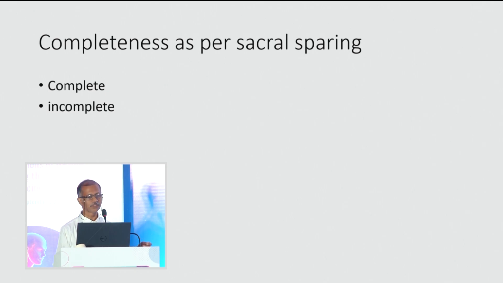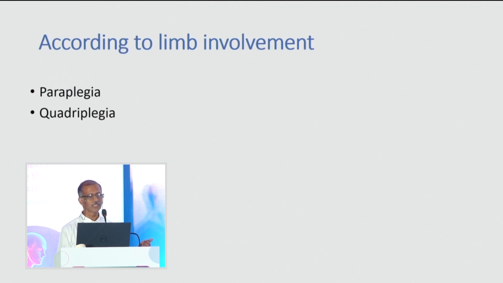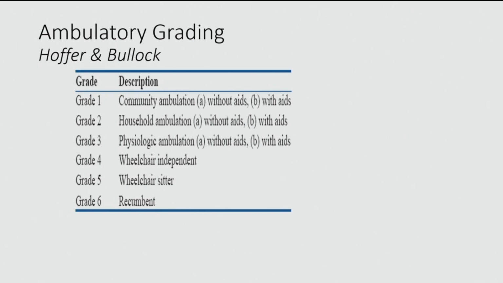So completeness is again decided as per sacral sparing, complete or incomplete, and you can also classify by tone, dividing it into spastic and flaccid, and according to limb involvement as paraplegia and quadriplegia. This is just a grading, it's not a classification, but you can grade ambulation for spinal cord injured patients by Hoffer and Bullock.